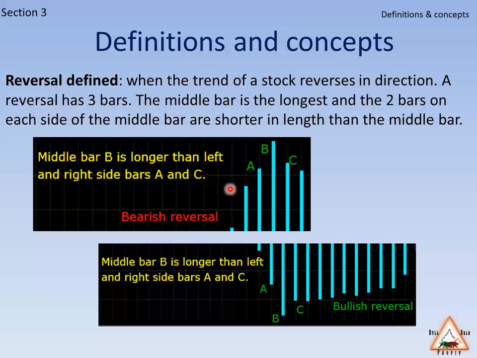As it explains here, middle bar B is longer than the left and right bars, and that technically is a reversal. From a bullish trend, it goes bearish, so we call this a bearish reversal. The opposite is a bullish reversal, where the trend's coming down. That's the reversal, these 3 bars, A, B, C, and it indicates the trend is starting to go up.